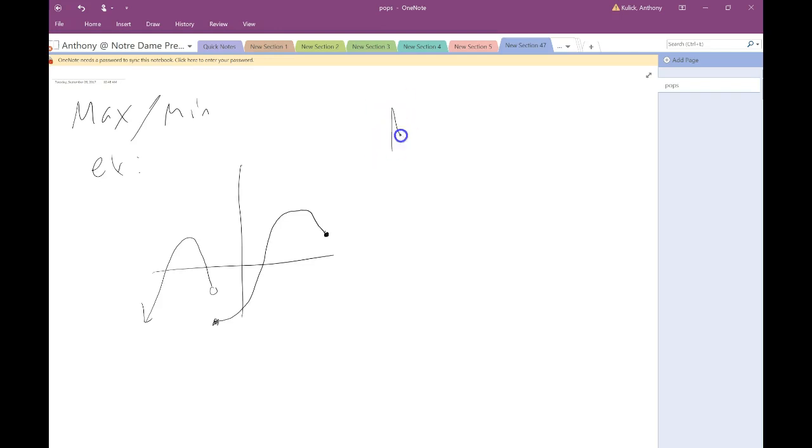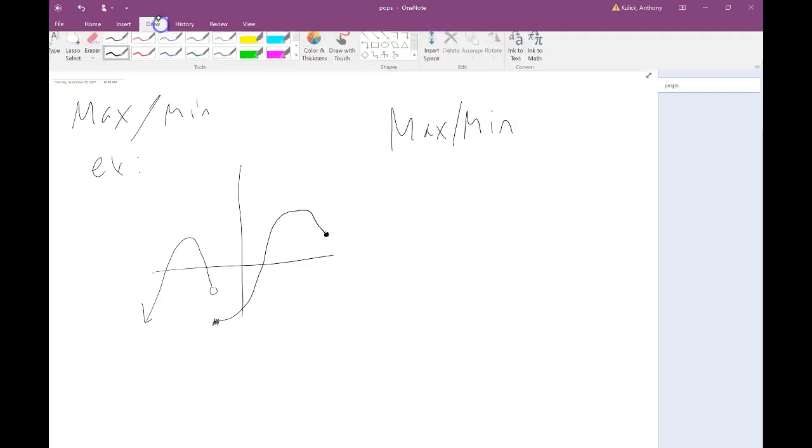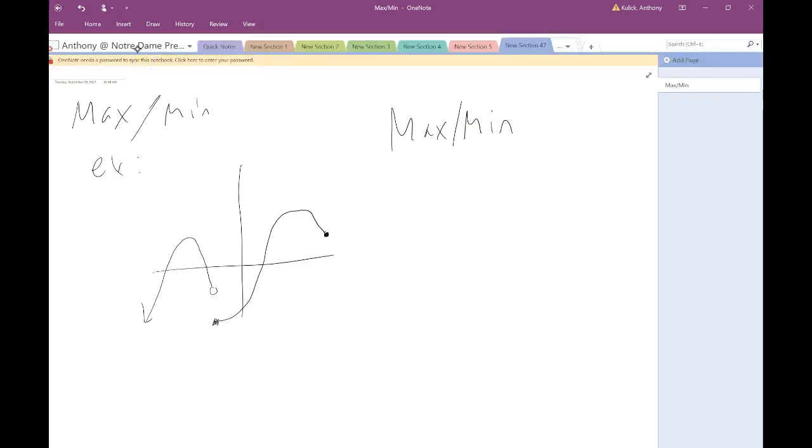Some obvious max and min locations: any top of a hill is a maximum. So I could say this value and this value are maximums. Okay with that idea? And let's pretend that this piece up here is actually all flat.